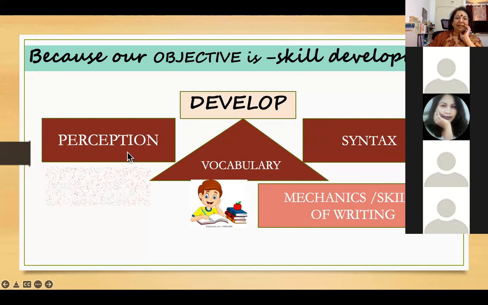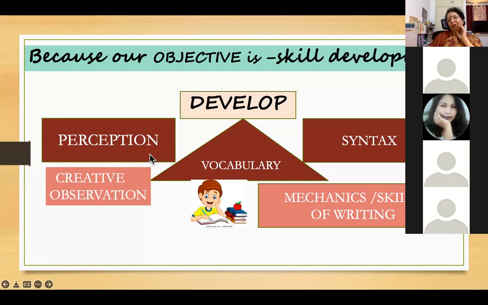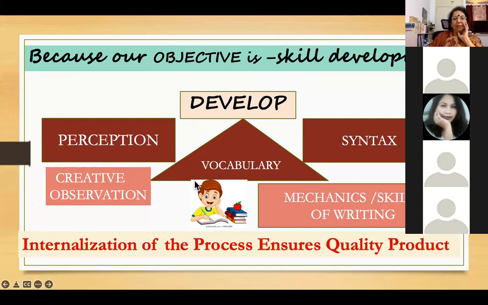And this is going to be creative observation. Not just observe, but observe creatively. Because when you have taken them through the entire process, you make sure they've learned the process well.